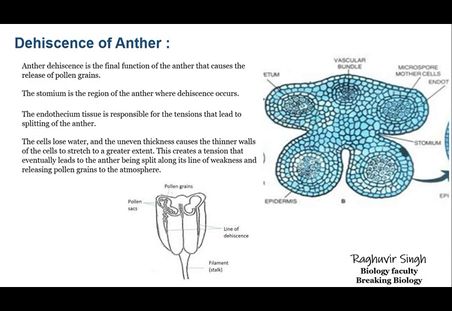So this creates a tension over the entire surface of the anther, and due to this tension, the anther wall breaks out from the stomial area. These areas are called the stomial area, where the deposition of alpha-cellulosic fiber is less. So the dehiscence of anther takes place and the pollen grains are released. In this way the dehiscence of anthers takes place.